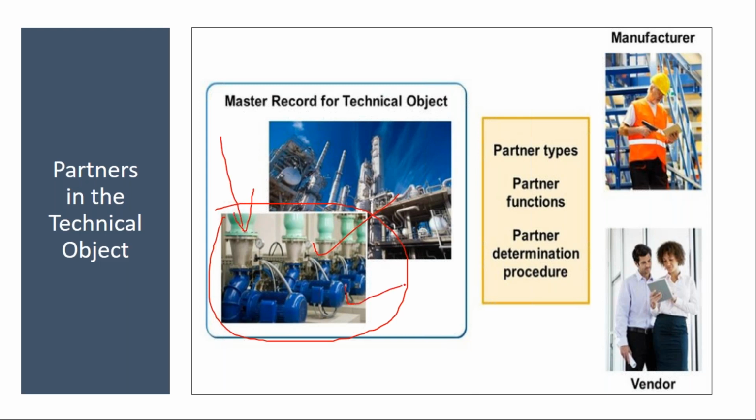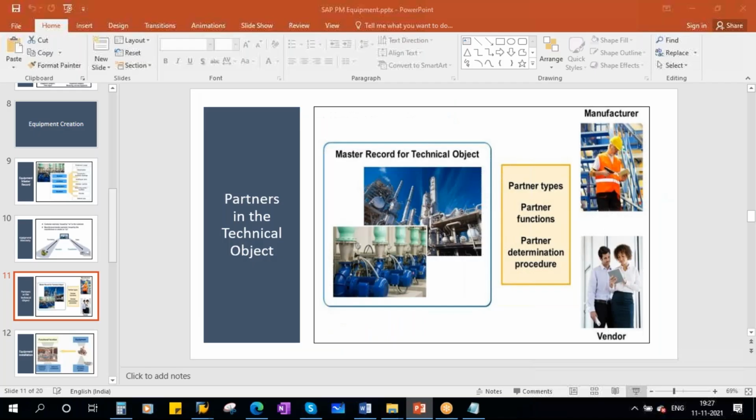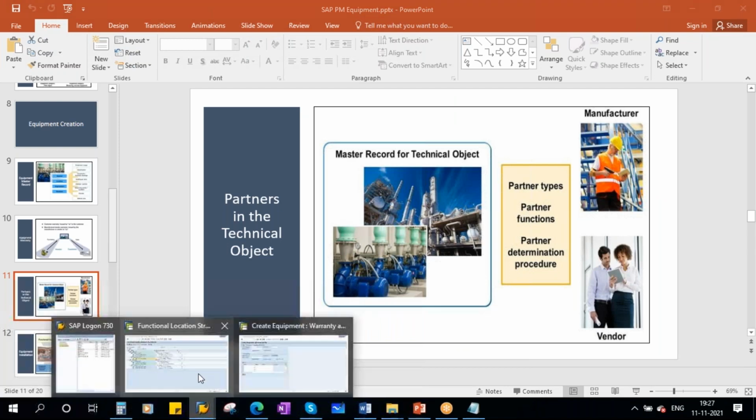And in the company there is a person responsible for it, an operator responsible for it, and a planner responsible for it. Partners are nothing but the organizations or people associated with that equipment. That partner details you need to enter here.